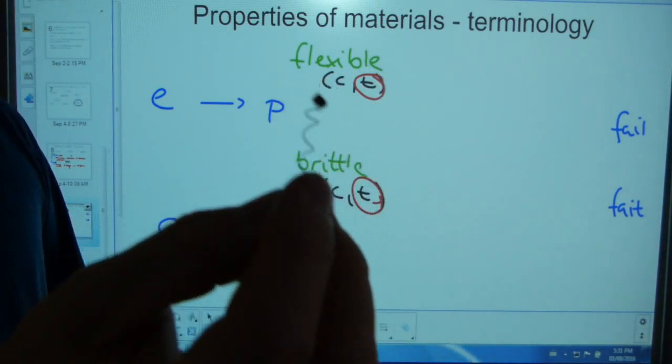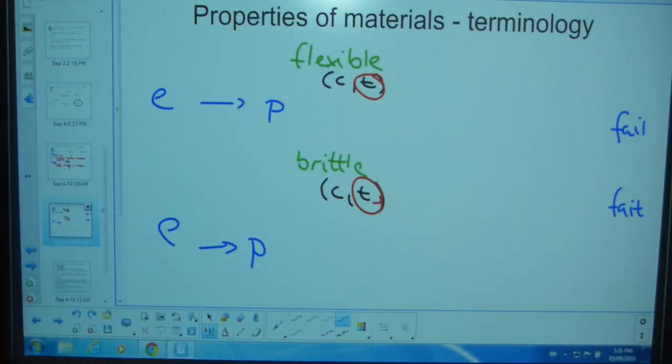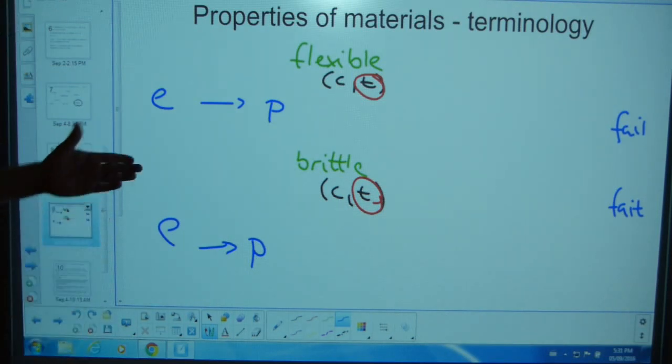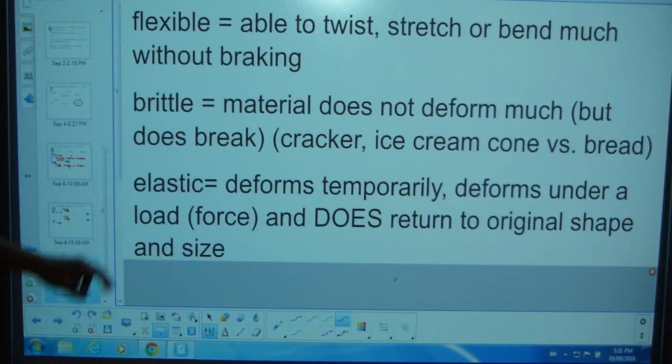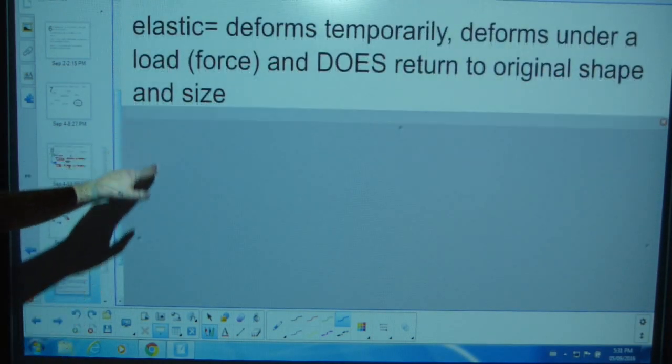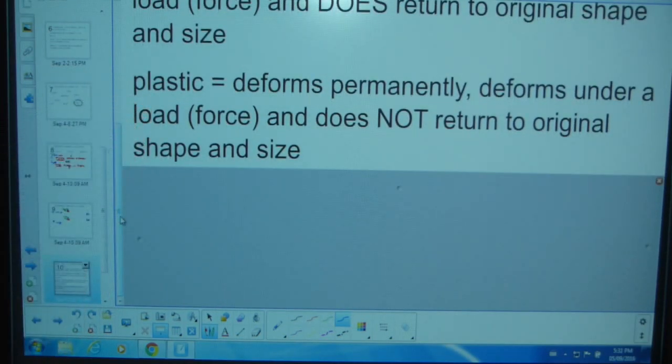It failed as a spring, but it didn't fail as a material. It failed in its function inside a pen, but the material didn't break yet. It just permanently deformed. So it's in its plastic range of deformation. A material deforms plastically, permanently, when it deforms under load and does not return to original shape and size.